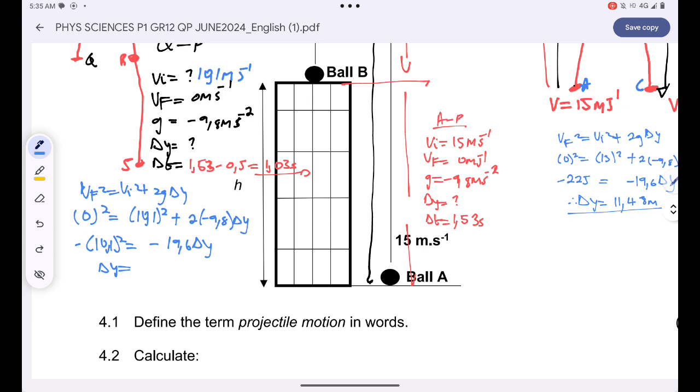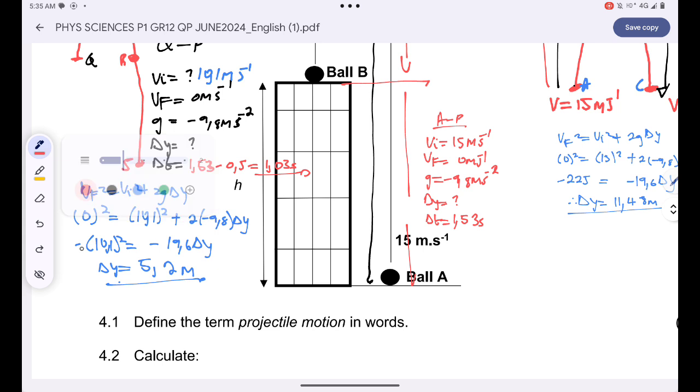Therefore, delta Y is equal to 10.1 squared divided by 19.6. This will simply give me 5.20 meters.